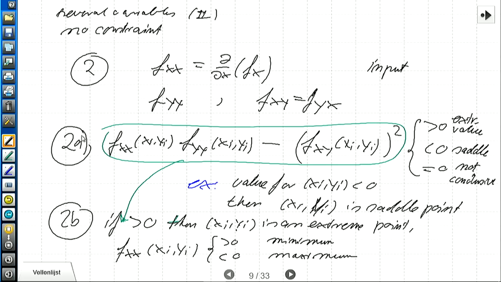That means we do the check 2a, which means take the second order partial derivatives and decide, first of all, is it an extreme value? If so, continue and check what's the nature. If it's negative, it's a saddle point and you're done, otherwise it's not conclusive. So this is the algorithm.